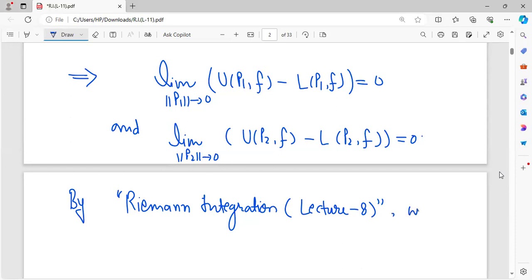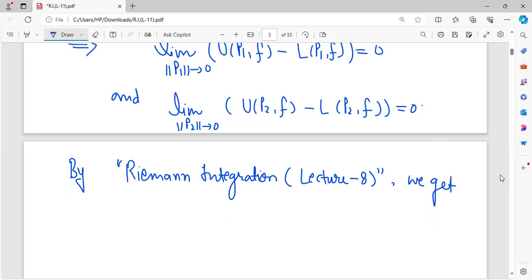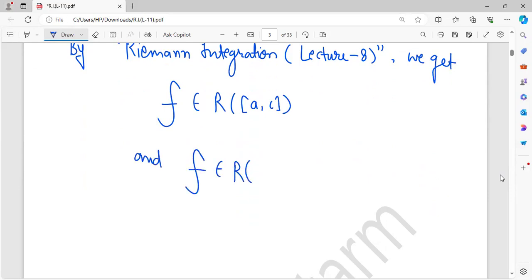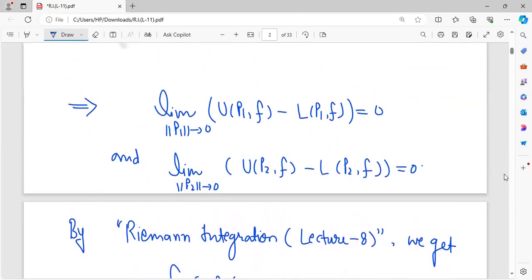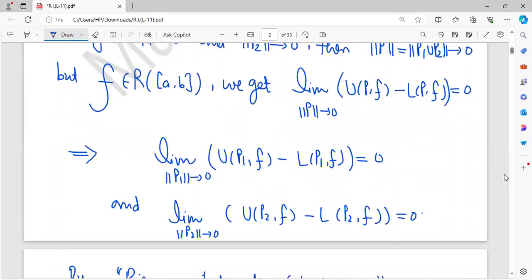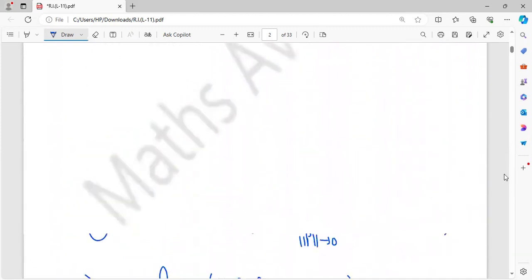So this implies we get f belongs to R[a, c] and f belongs to R[c, b]. Okay, so the function is Riemann integrable over [a, c] and [c, b].